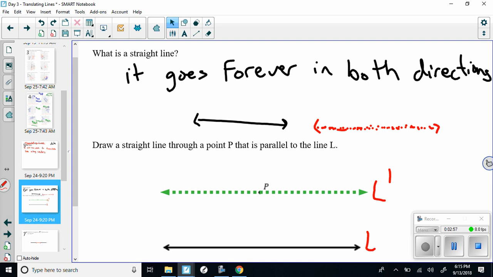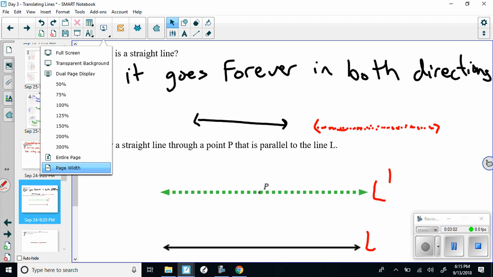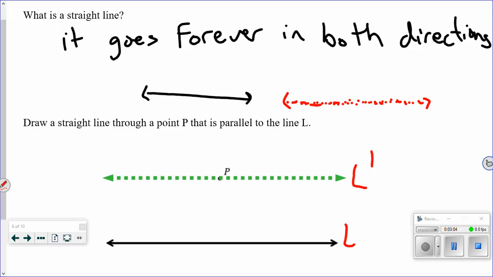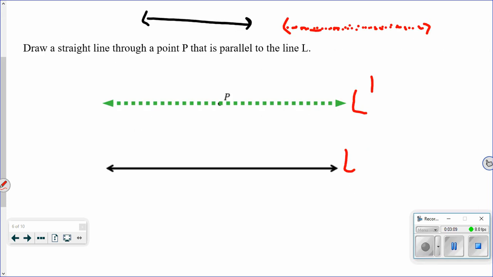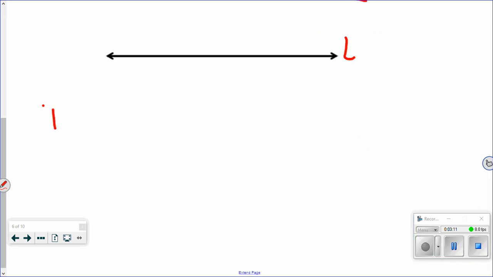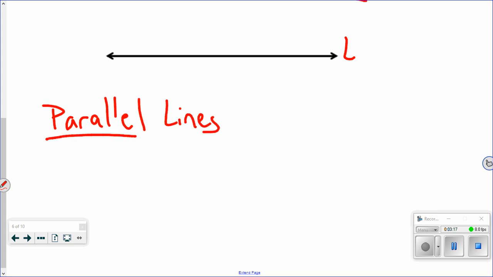So what are some characteristics of parallel lines? What do we know about parallel lines, and what do we know they're never going to do? So let's define parallel lines. So one thing we know about parallel lines is they never intersect. That's the biggest thing.